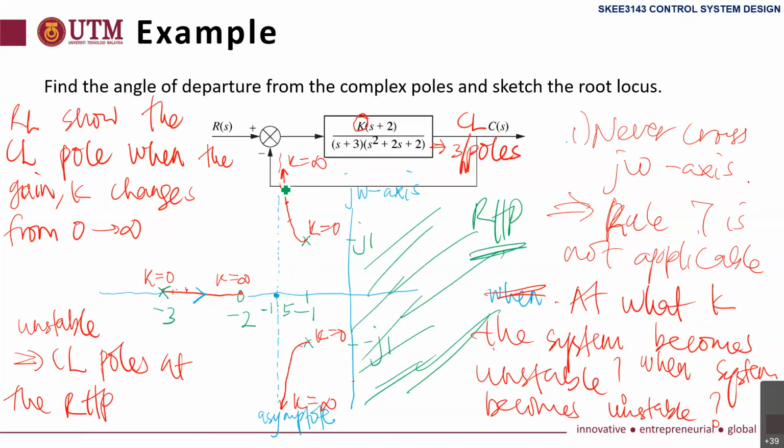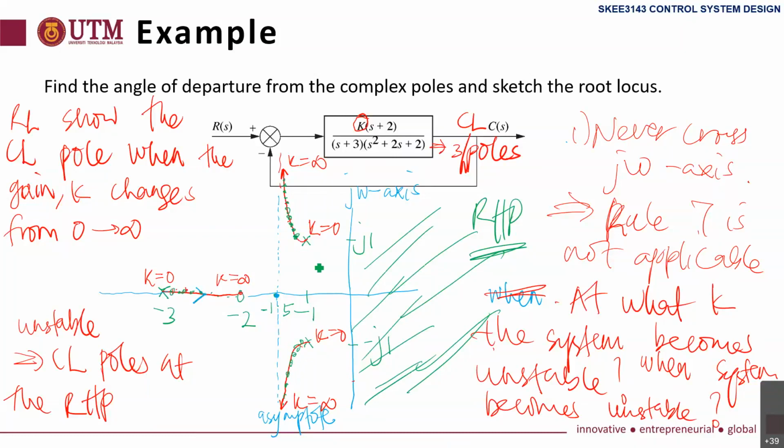Remember, although we just put a line, this is actually many points of closed loop poles. When K changes, there are many poles here.